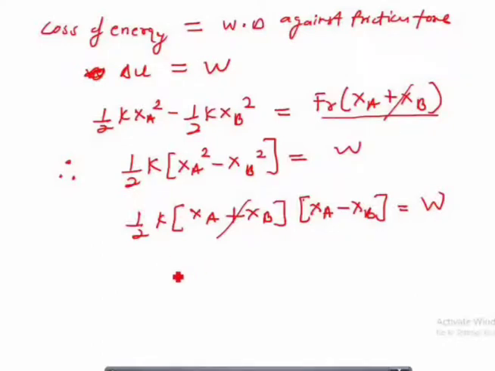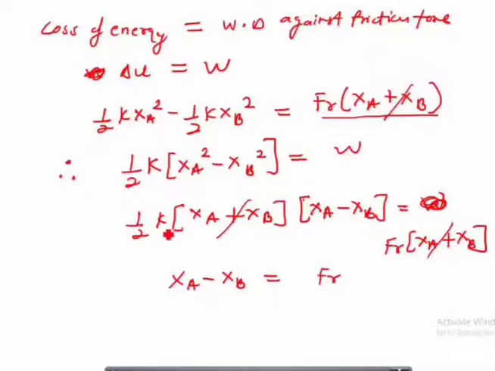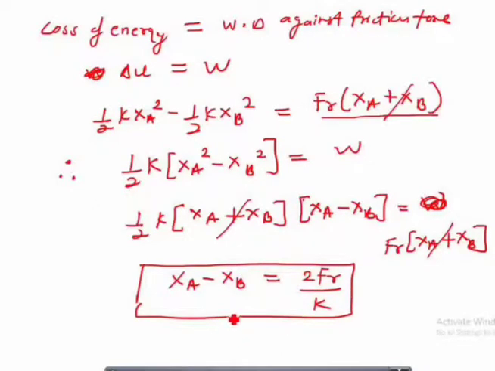So what remains is XA minus XB, and it comes to 2 Fr divided by K. So XA minus XB is nothing but 2 Fr upon K. This is the relation I have got.